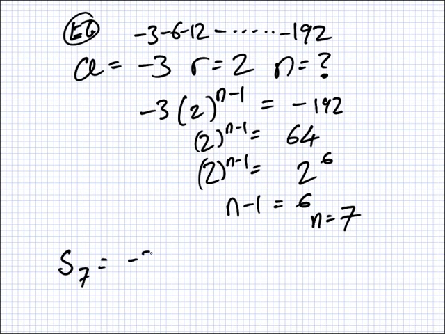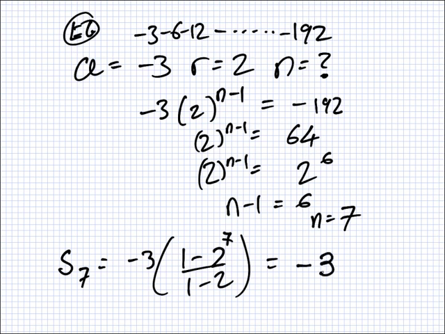S7 is a, 1 minus r power n over 1 minus r. 123 times 3 minus 369. Is that it? Yeah.